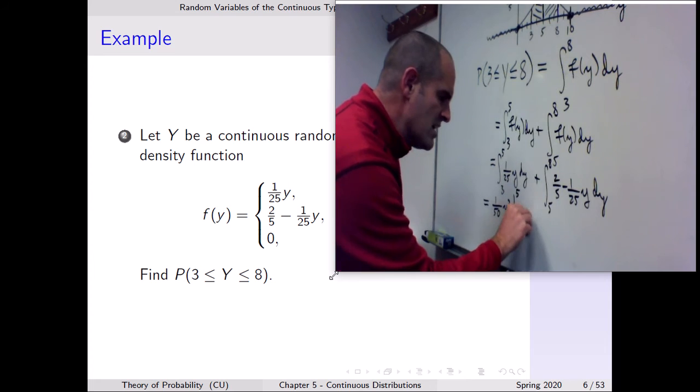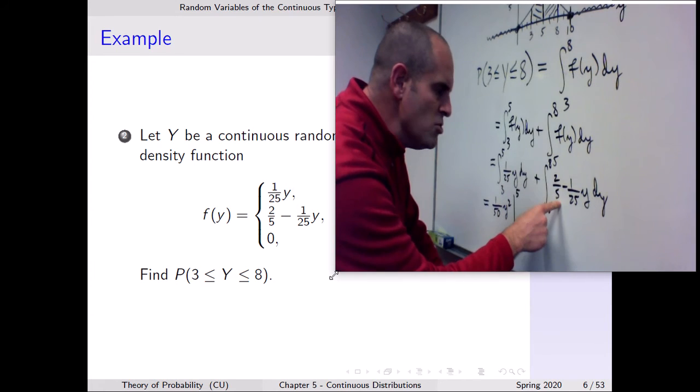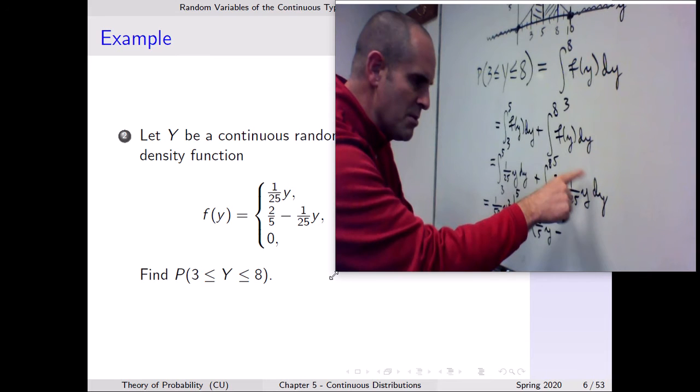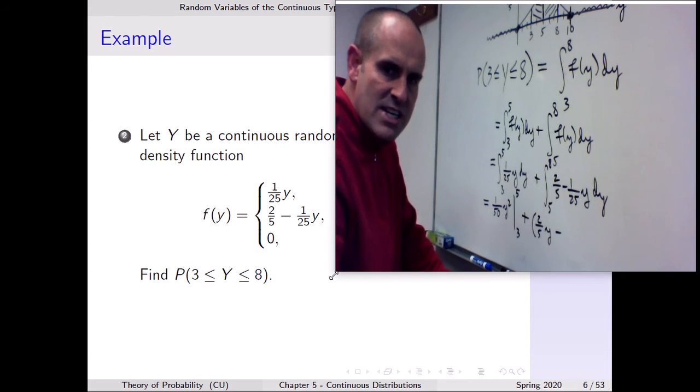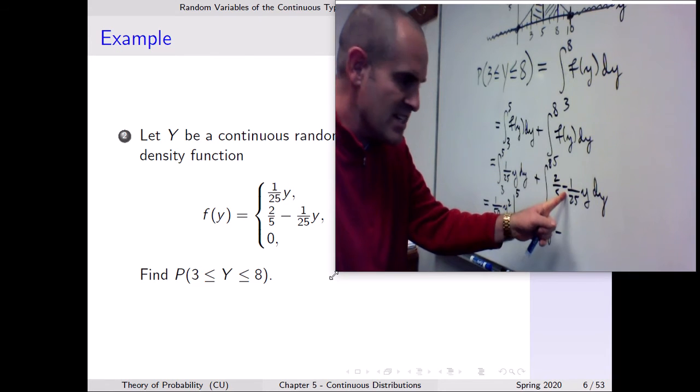plus the antiderivative of 2/5, which is just 2/5 y, so this is 2/5 y minus, I don't have to really even think about this, we just do this antiderivative in the same way we did this one over here, except there's a minus sign attached.